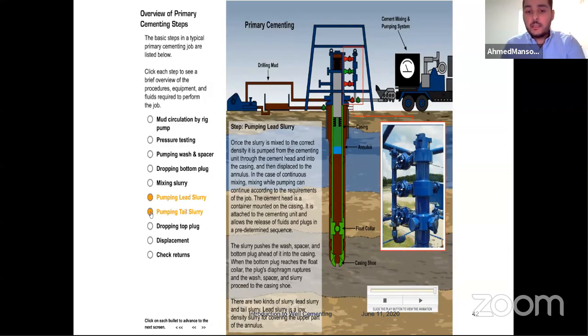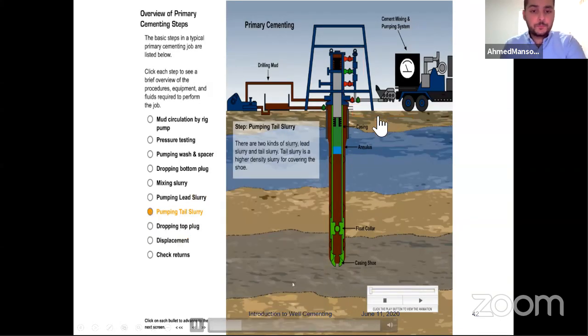We start mixing the tail. As you can see here, the tail slurry is a higher density slurry for covering the shoe. So this is the tail, this is the lead, and this is the spacer. And after that, we drop the top plug, which is this one. So we open up the valve for the top plug.